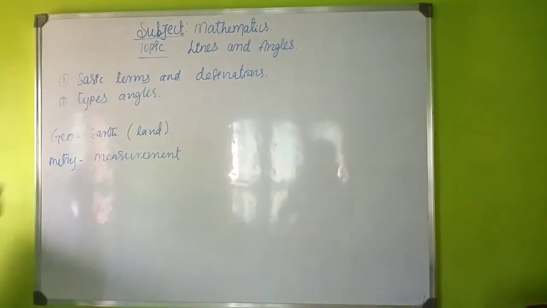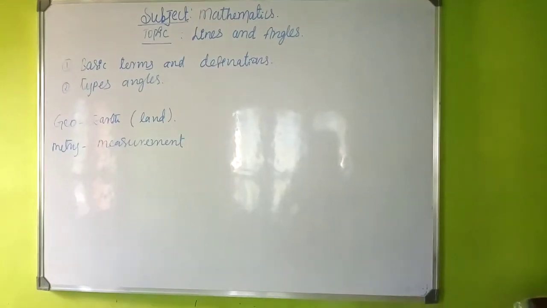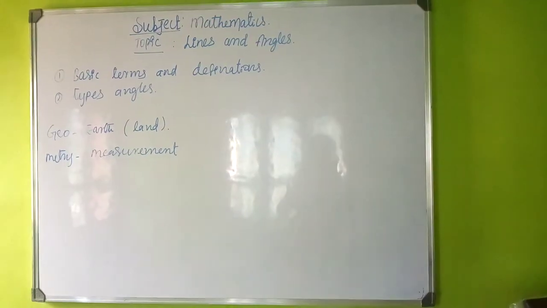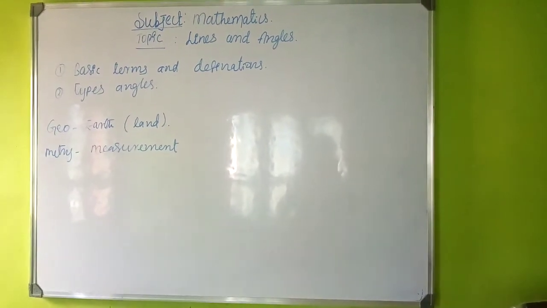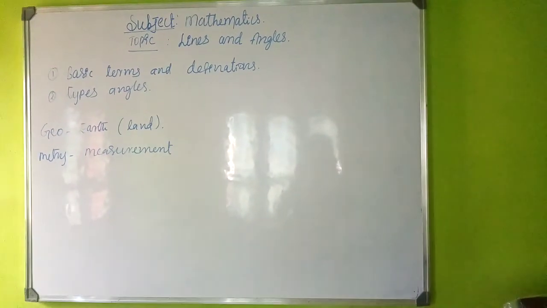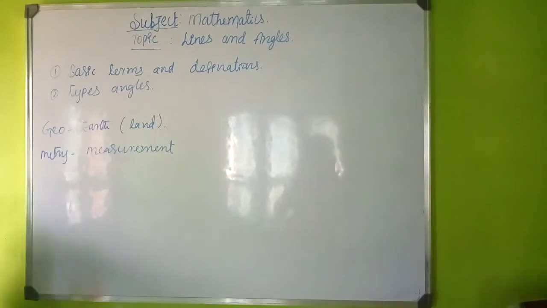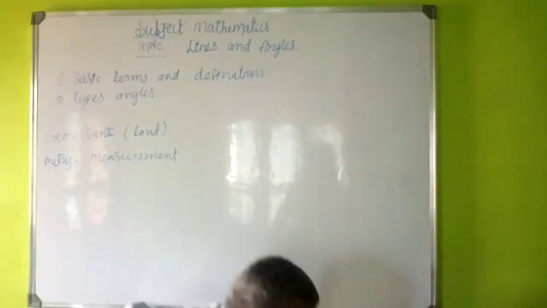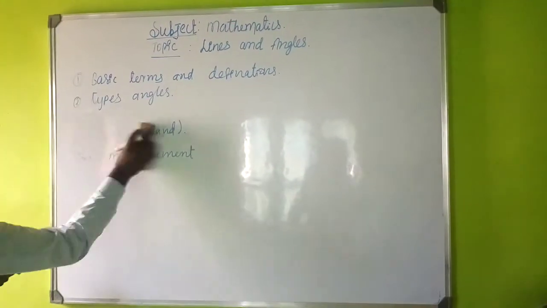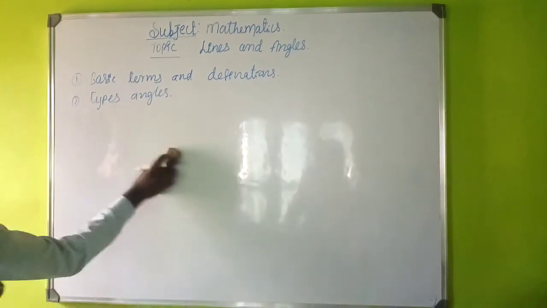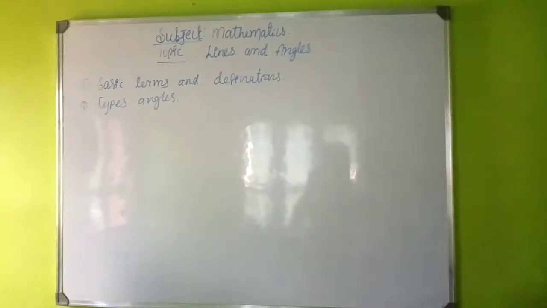Metry means measurement. So these things we are going to learn clearly in the Euclid definitions as well as terms. So now in this class, we are going to learn about basic terms as well as their definitions. So let us take one by one.